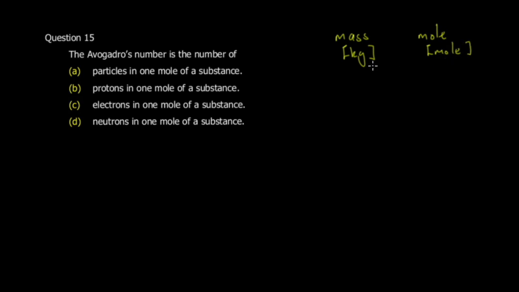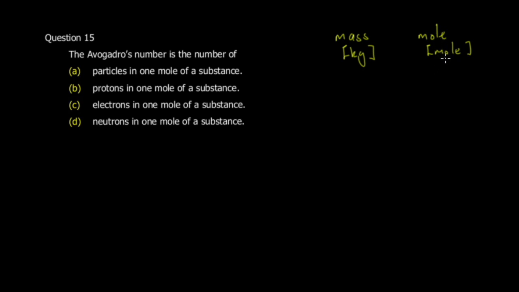Okay, so you can have 1 kg of cotton and 1 kg of gold. They weigh the same, but they are different substances. Here you can have a count: 1 mole of gold and 1 mole of silver. They weigh differently, just because we are concerned more with the physical count here.